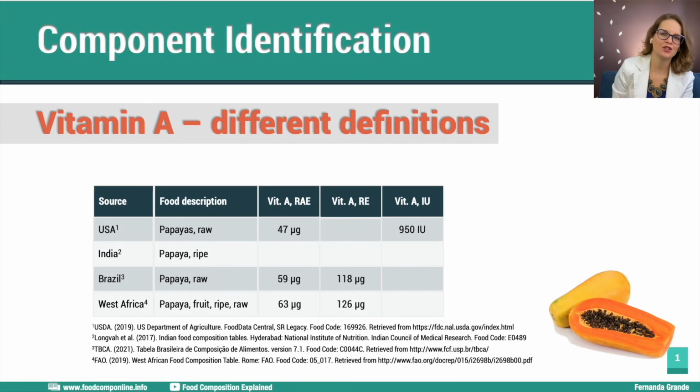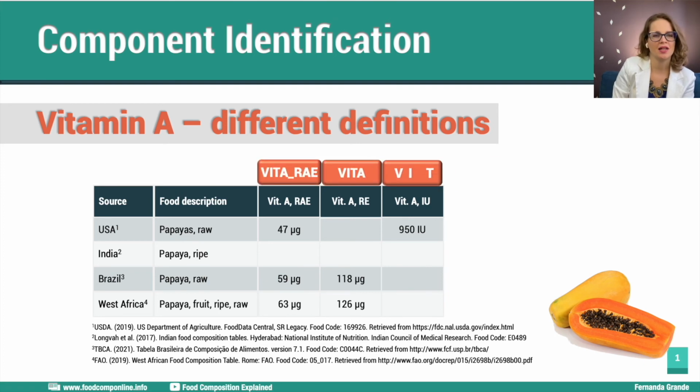So here, going back to our initial examples, taking the 4 different food composition tables for vitamin A in papaya and assigning the tag names, we can see that for each of these columns, the tag names are different, meaning that the definition of the vitamin A here is not the same.